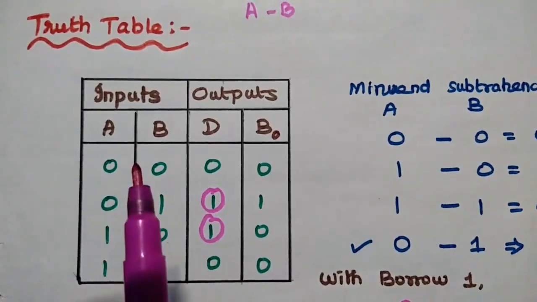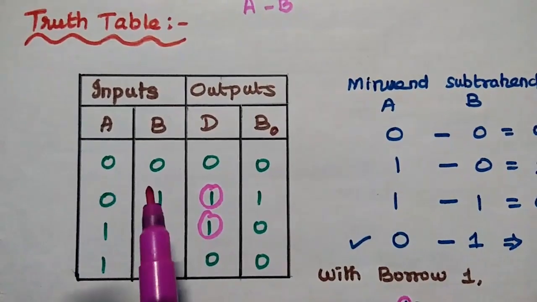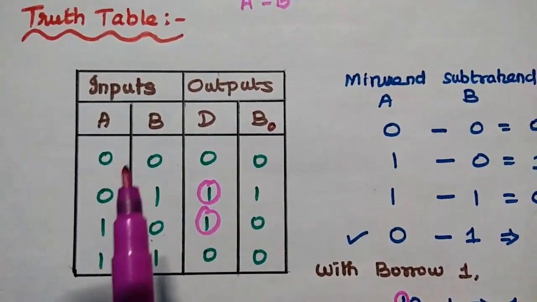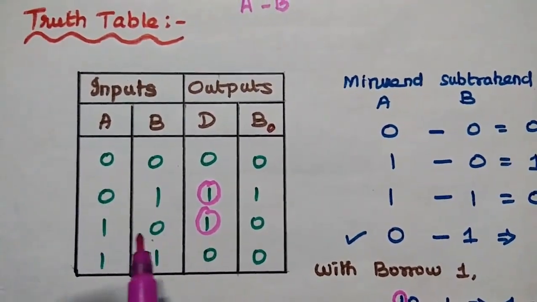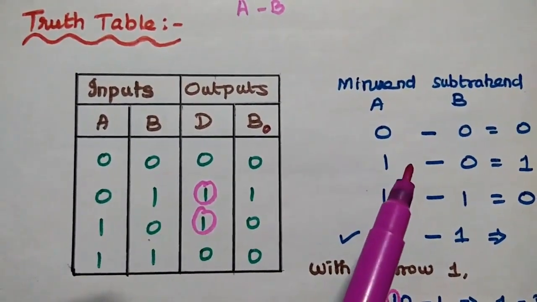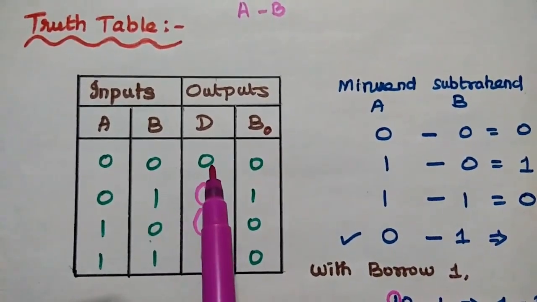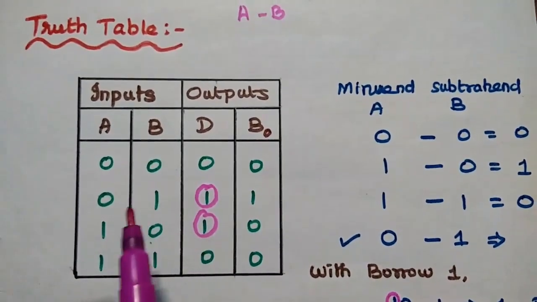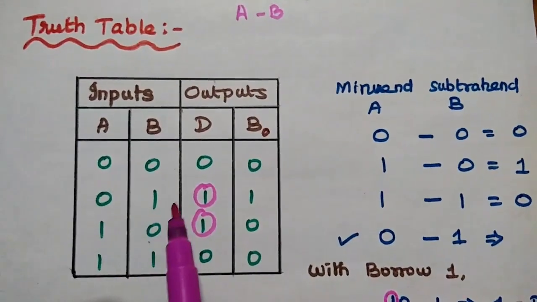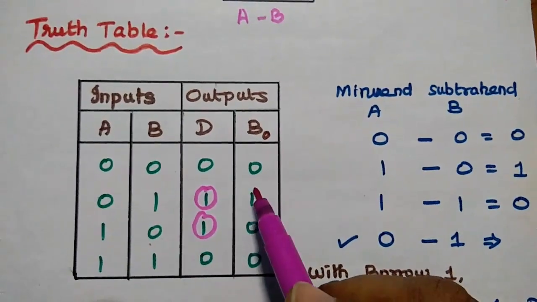The table relates the input and output combinations. For two inputs, there are four combinations: 00, 01, 10, 11. As we discussed in the basic binary subtraction rule, 0 minus 0, difference 0, borrow is also 0. 0 minus 1, the difference is 1 and borrow is also 1.